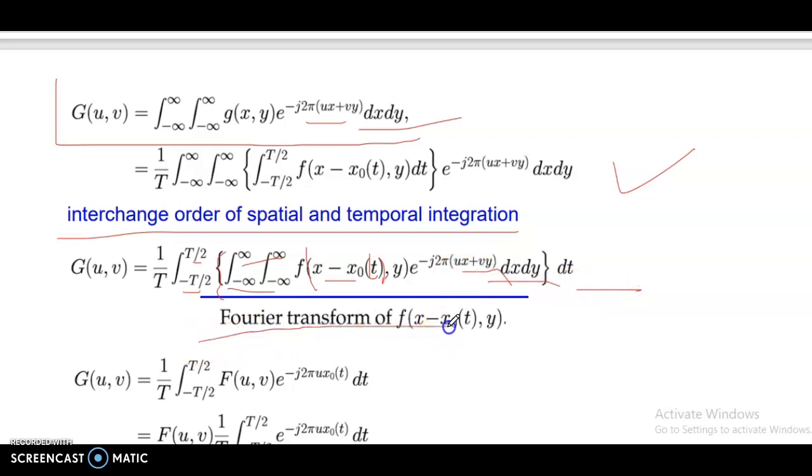This inner part is the Fourier transform of f(x - x0(t), y).